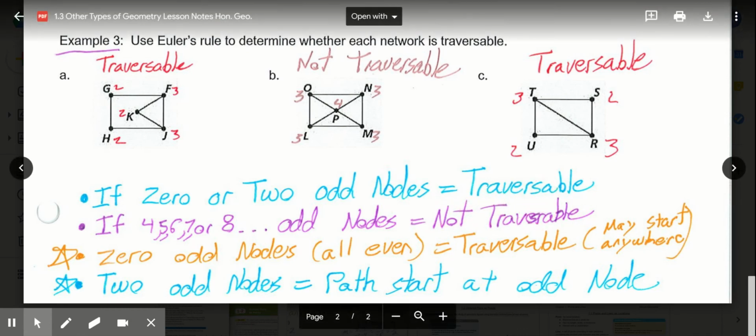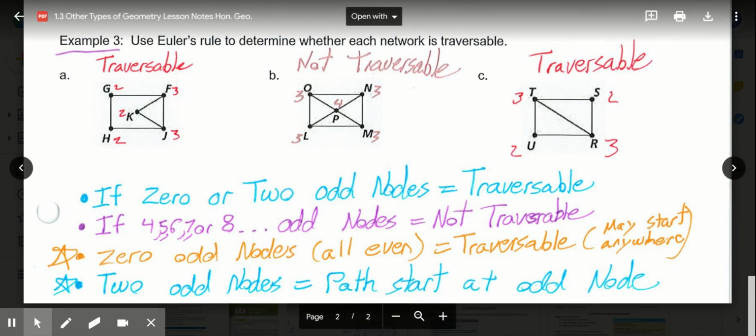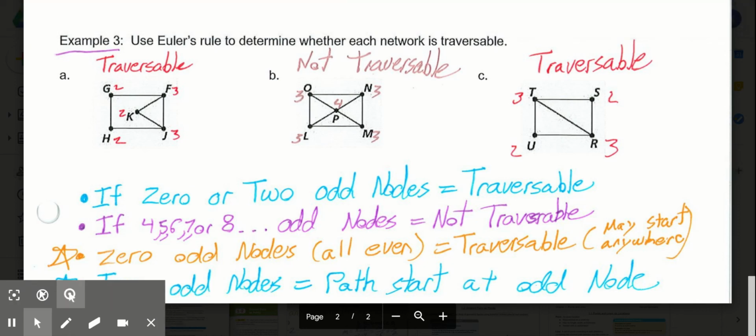If there are 0 odd nodes, meaning all of our nodes are even, they have an even number of arcs touching them, that network is a special type of traversable one because you could start at any point and it would be traversable. If there's exactly 2 odd nodes, your path must start at an odd node.